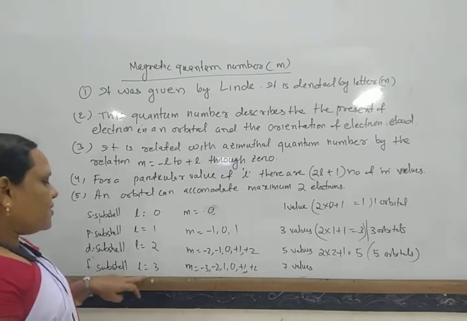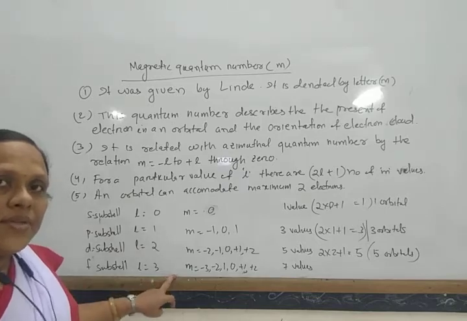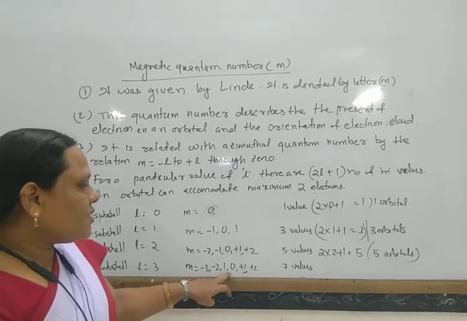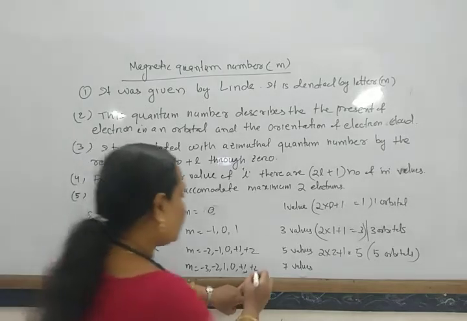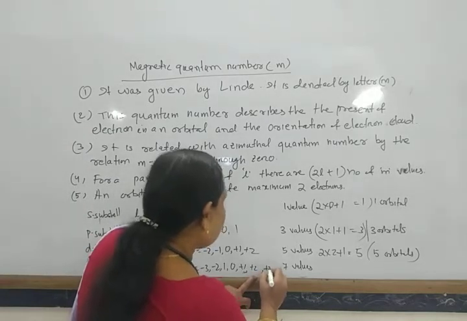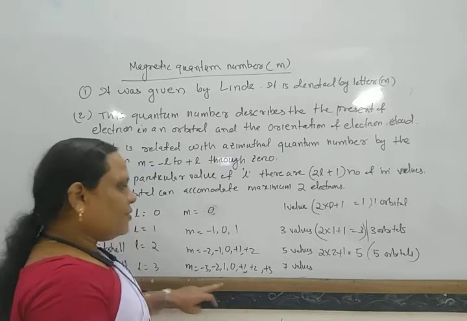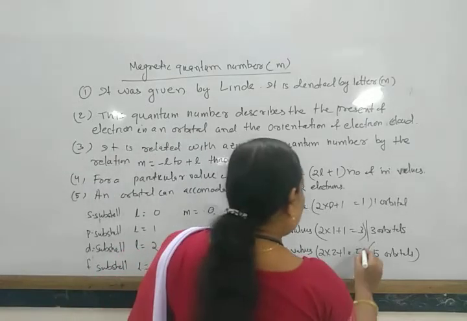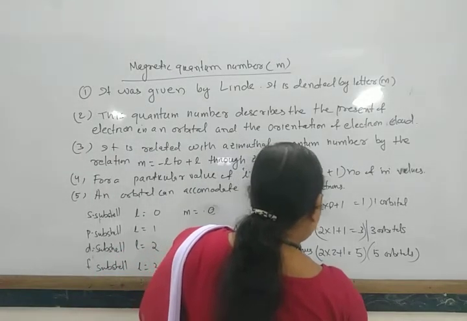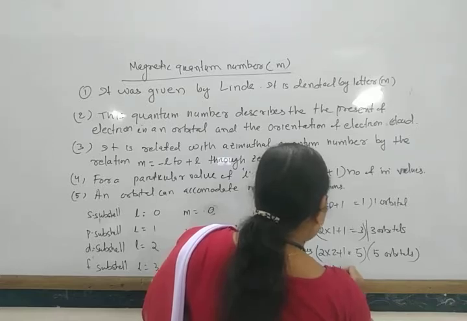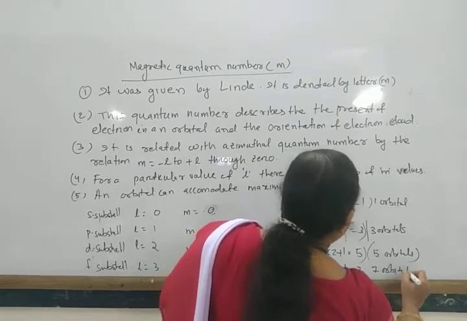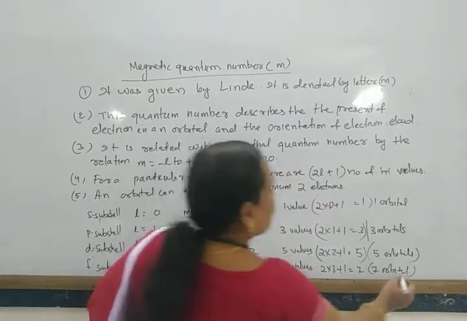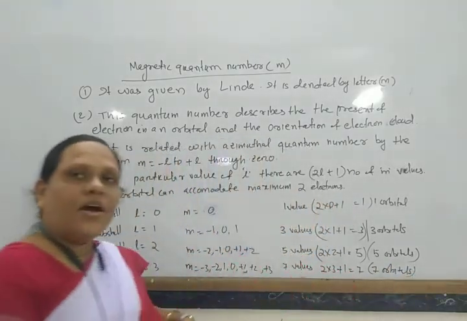Similarly, for the f subshell, l equals 3, then m equals -3, -2, -1, 0, +1, +2 and +3, and it has 7 values, which we know from 2 into 3 plus 1, that is 7. So the f subshell also consists of 7 orbitals.